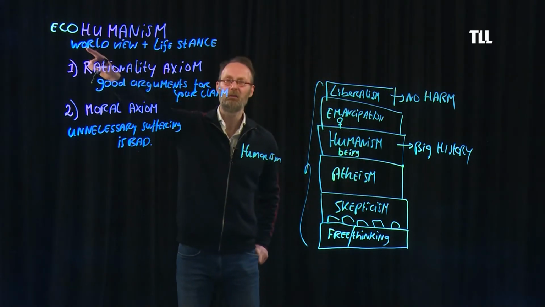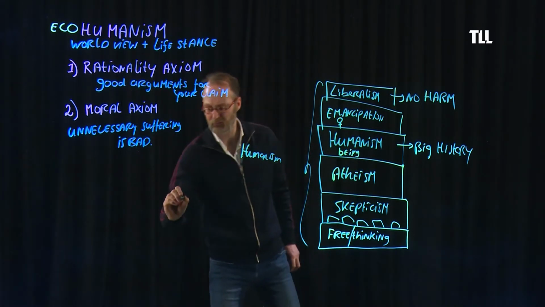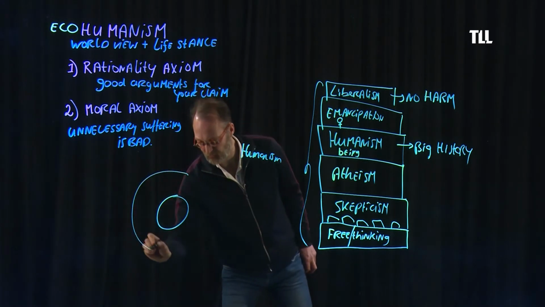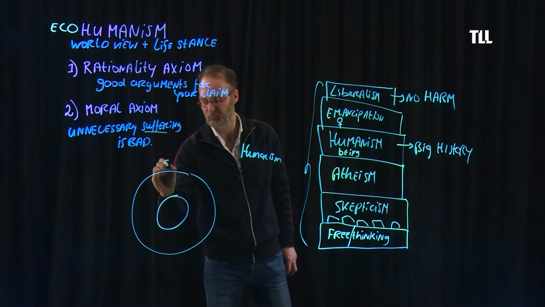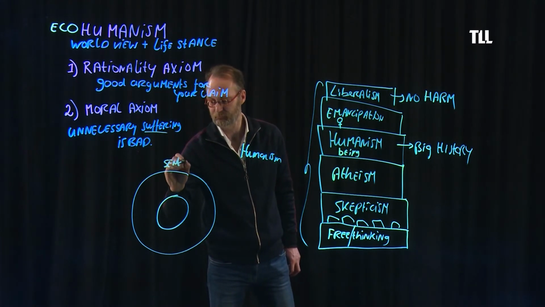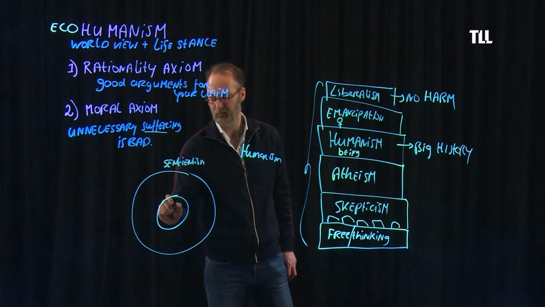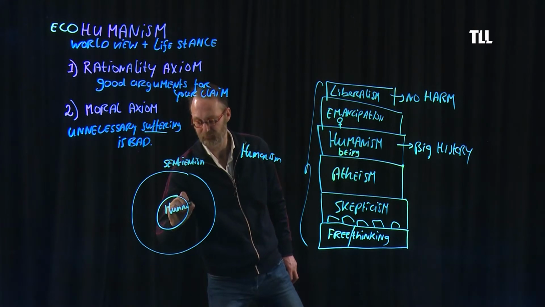But this is eco-humanism. The difference, and here it comes, is that we expand the moral circle from humans only to include all beings capable of suffering. So we move towards what is called sentientism: from humans only to all beings that can suffer.